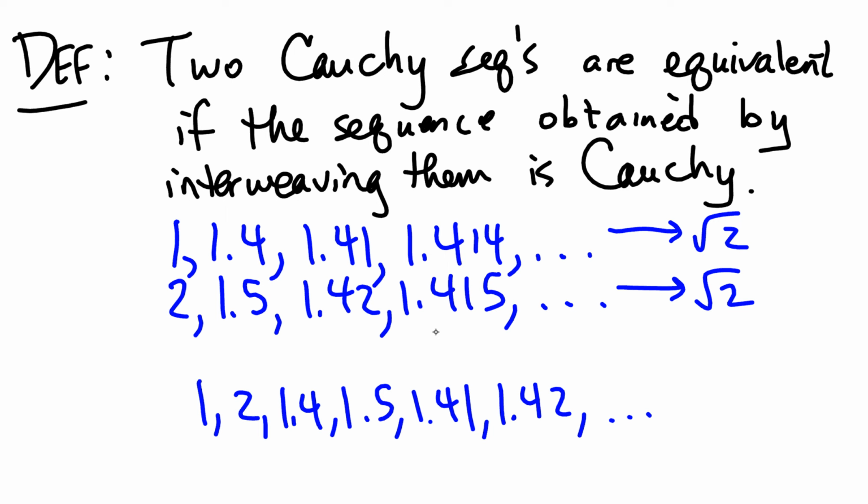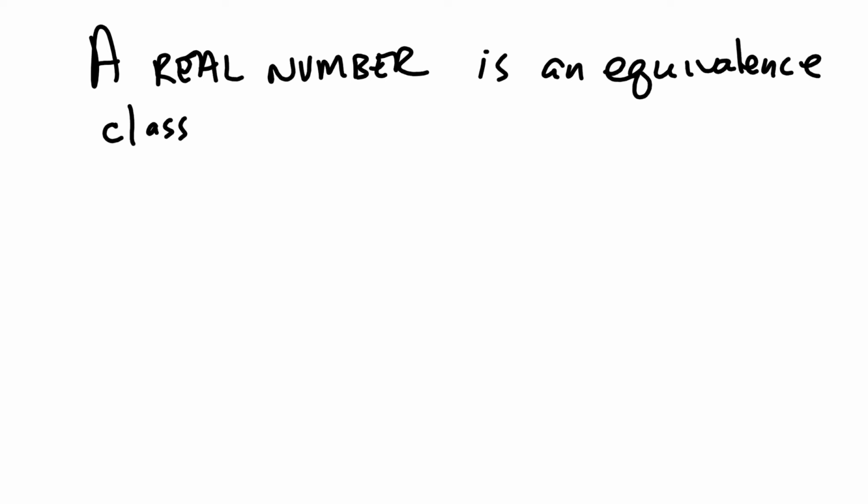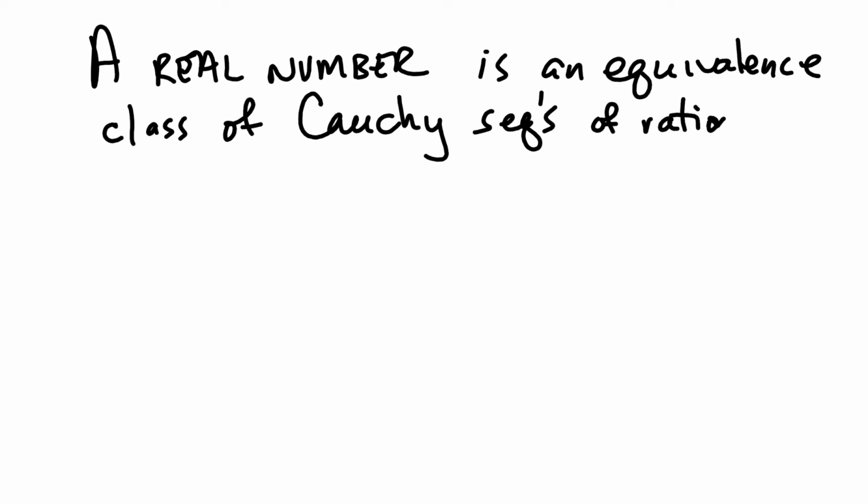These two are equivalent if the sequence we obtain by interweaving them is Cauchy. So here's the kicker. A real number is an equivalence class of Cauchy sequences of rational numbers.